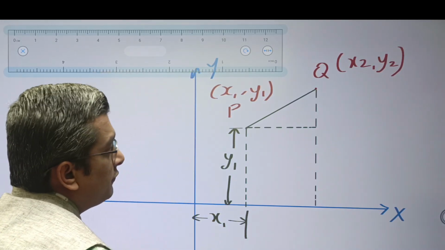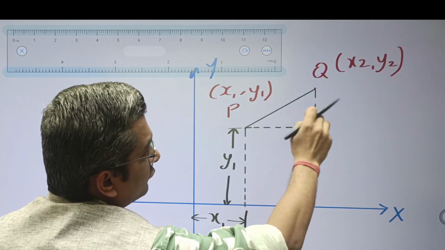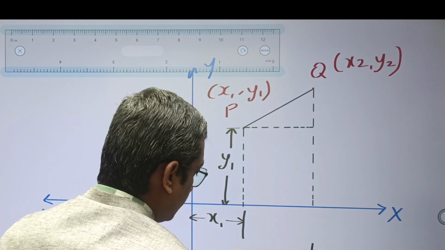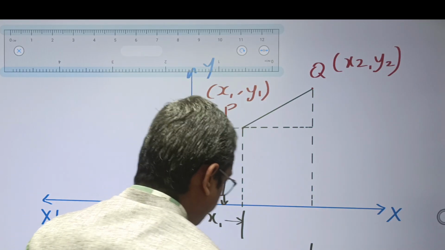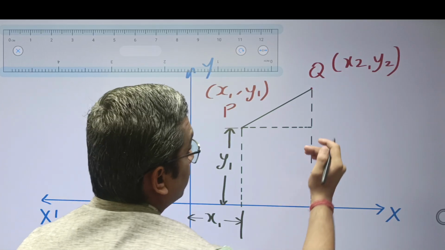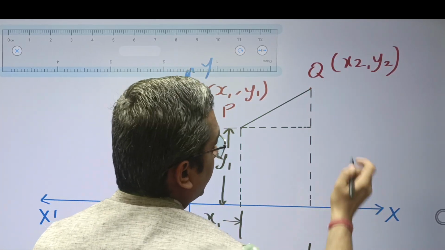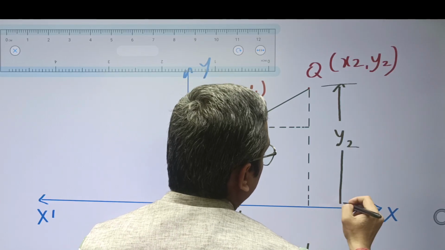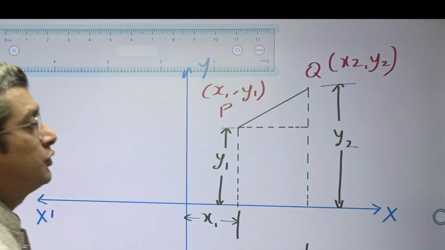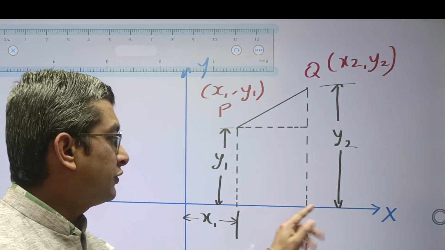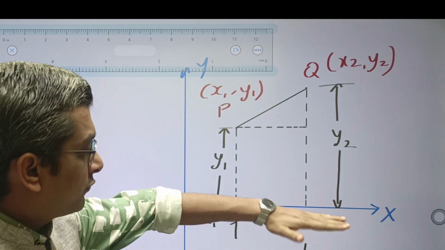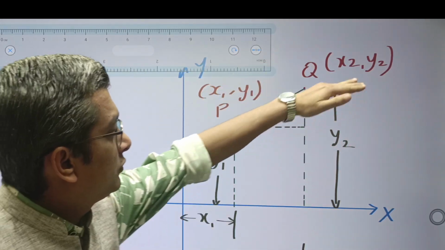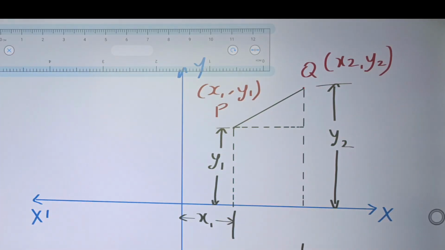Similarly, to locate point Q, we must move x2 distance towards the x-axis, so this distance is x2, and from the x-axis we must move y2 distance towards the y-axis. So this vertical distance is y2.